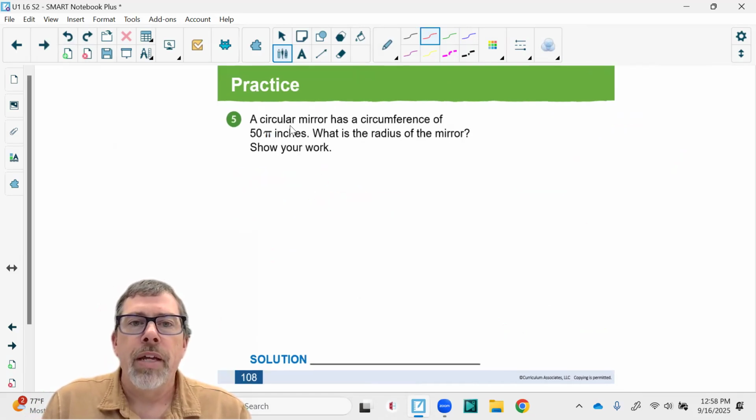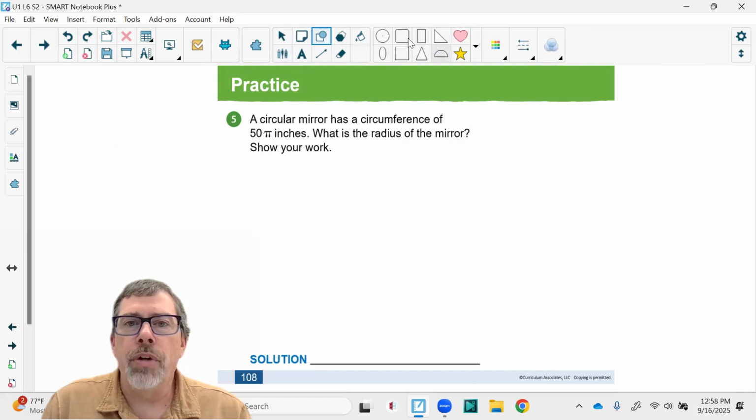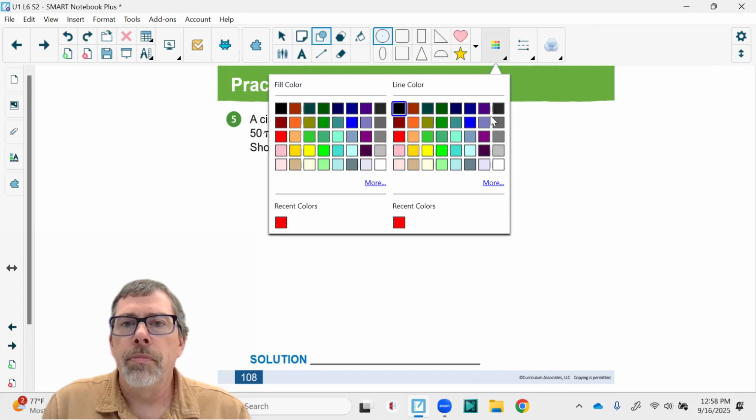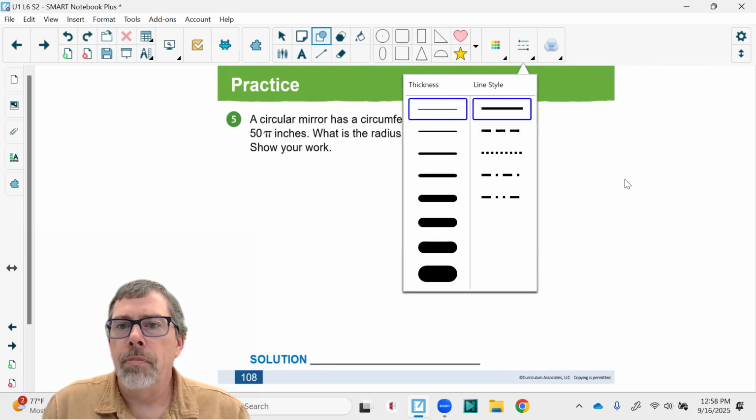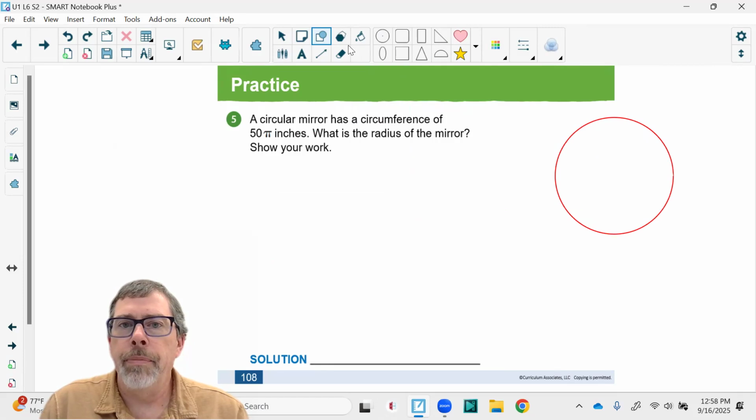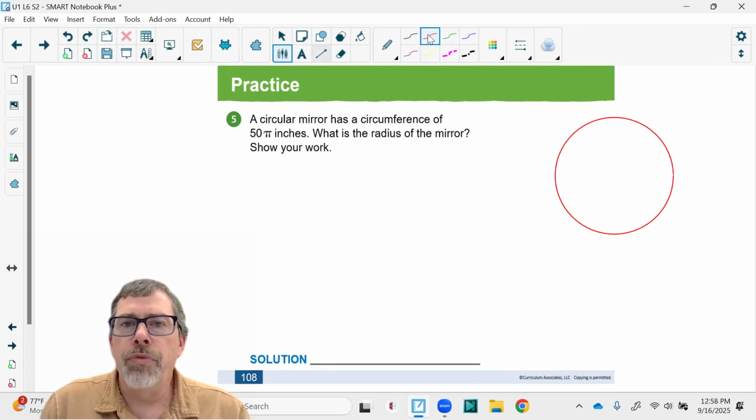Number 5. A circular mirror has a circumference of 50 pi inches. So I'm going to draw a mirror. What is the radius? So I want to know how far it is from here to here.